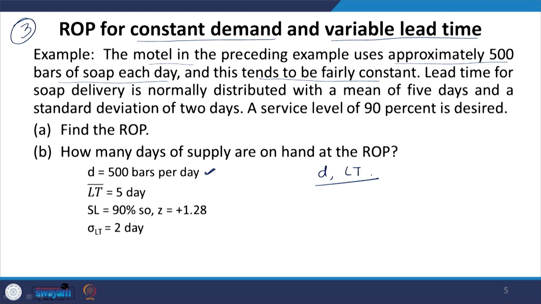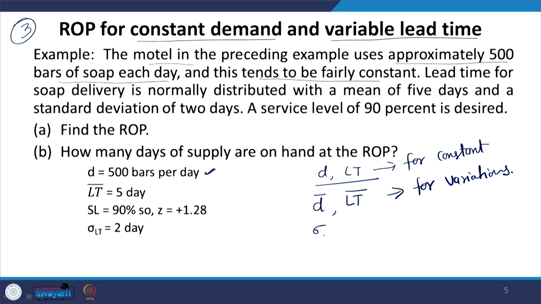Those things which are given in terms of variation, we use these types of symbols, because these D bar, LT bar represent mean values, and then with these mean values you require sigma D, sigma LT, etc. also, because these are the standard deviations of these fluctuating parameters.